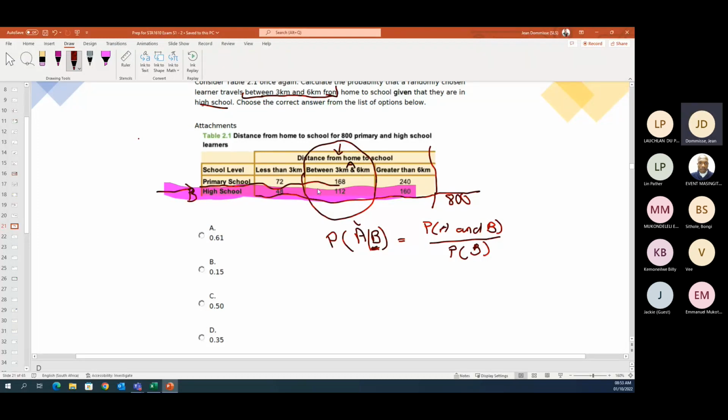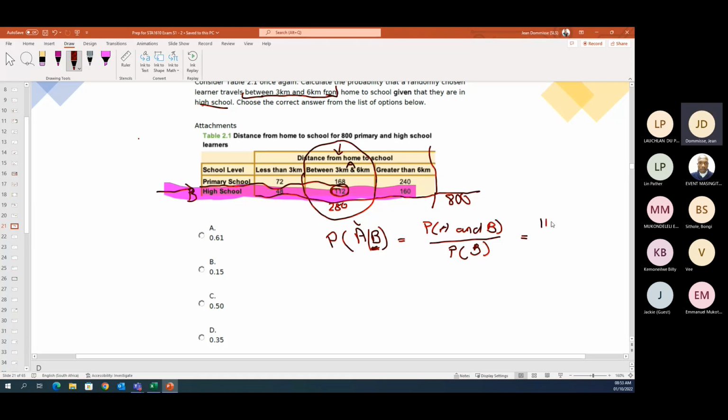What we have here, we can do in two different ways. First we need to get this total. I think that's 280. We can work out the probability of A and B, which is 112.